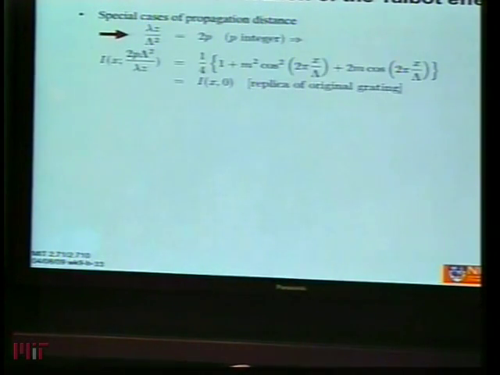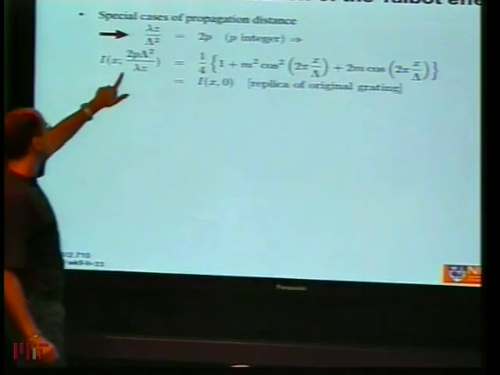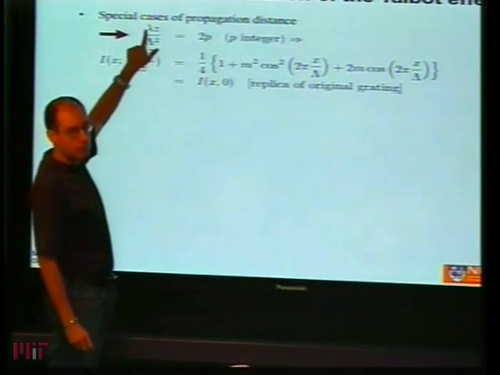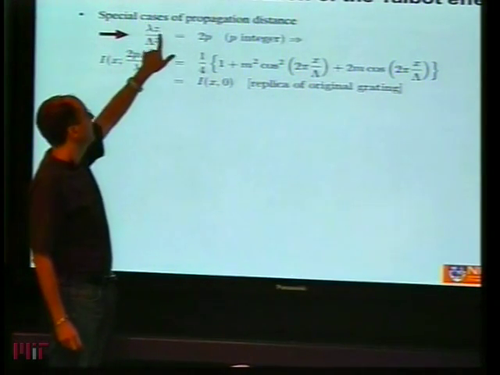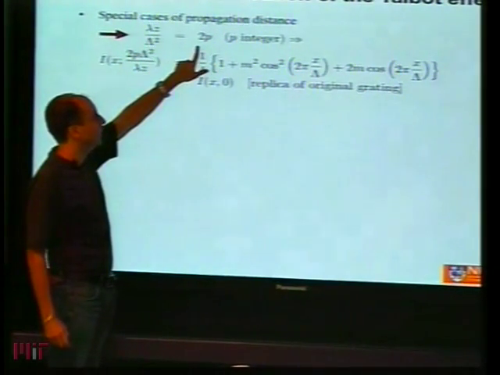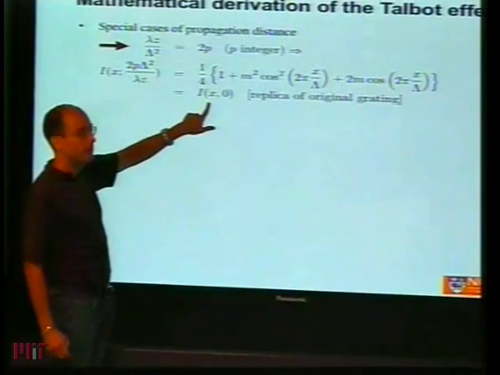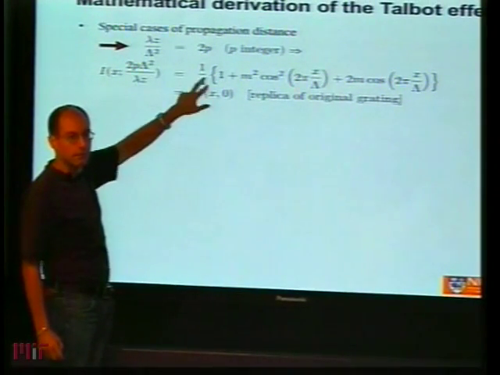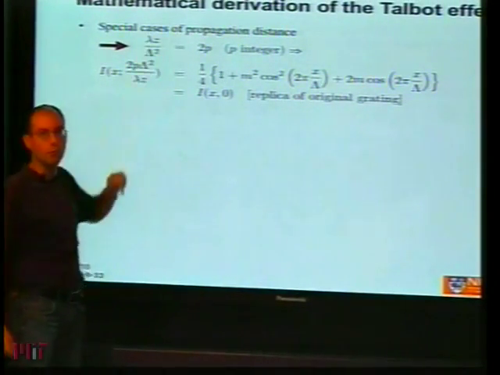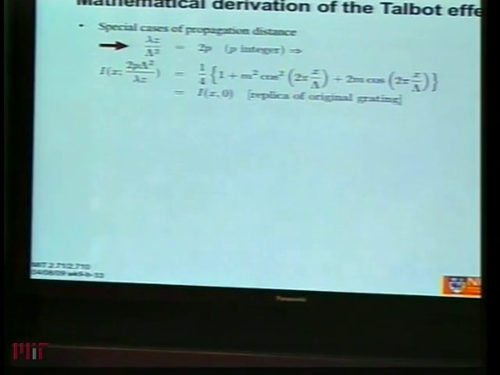If the propagation distance, this quantity, which is also non-dimensional, distance square over distance square, if you propagate far enough so that this equals an even integer, then you get a replica of the original grating. Basically, this quantity becomes a phase delay of 2 pi.